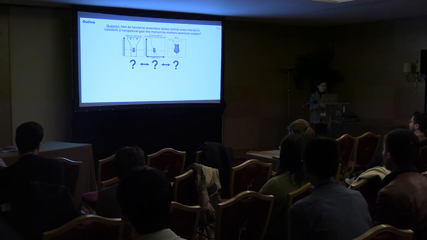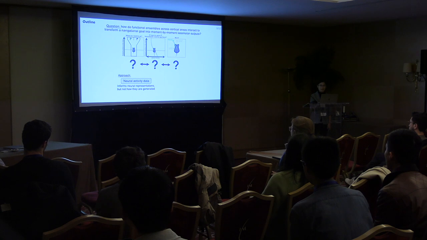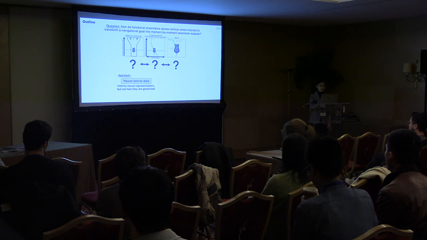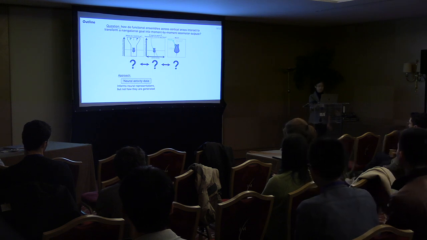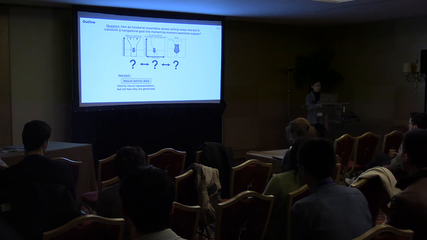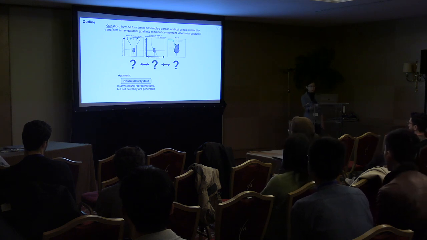In mouse work, we will typically start by recording the neural activity data as the animal is performing the task. And from these neural recordings, we'll be able to inform the neural representations, for example, which task variables the neuron cares about. But the problem is we're not able to know how the neural representations are generated.